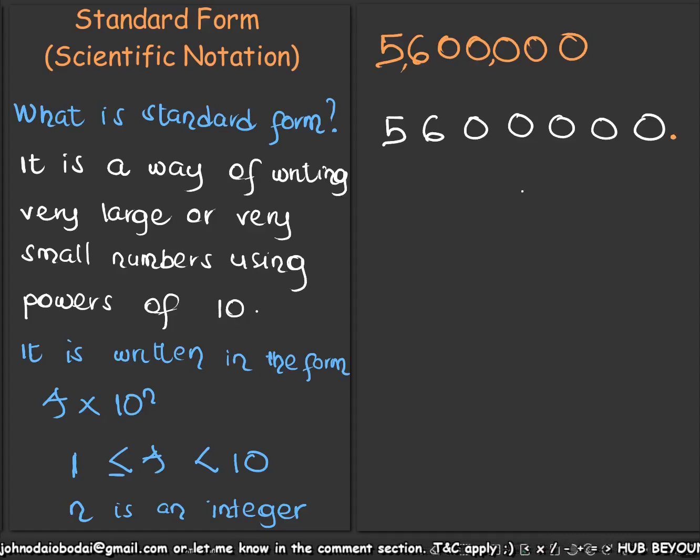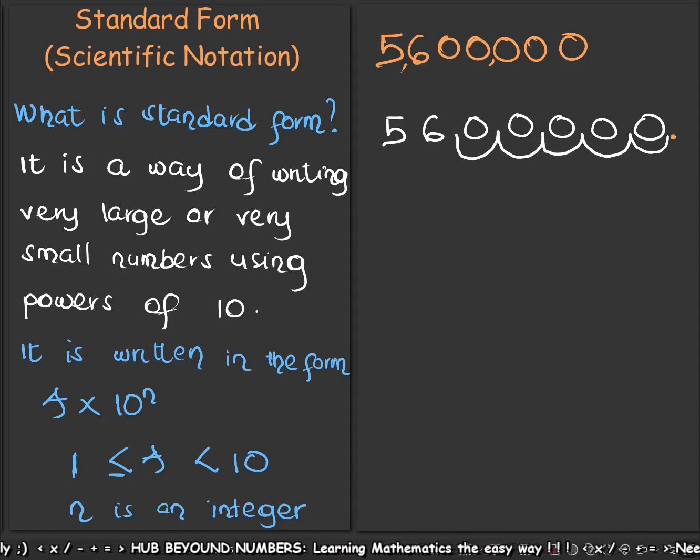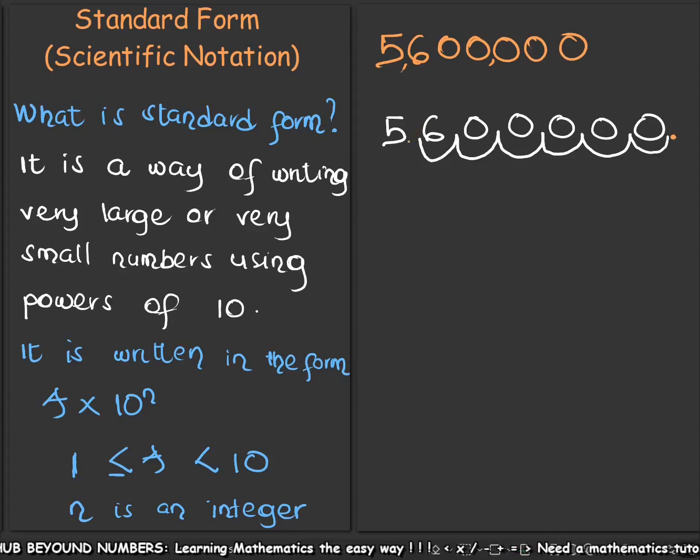As we move, we count the number of times we are moving. So we are moving it 1, 2, 3, 4, 5, and 6. As you have seen, we have moved it 6 times.